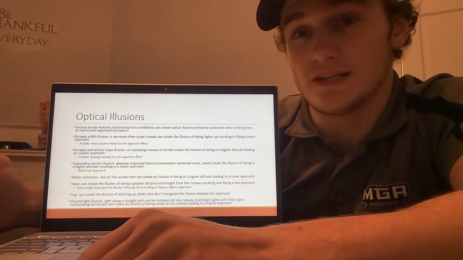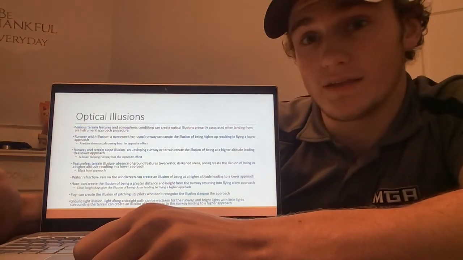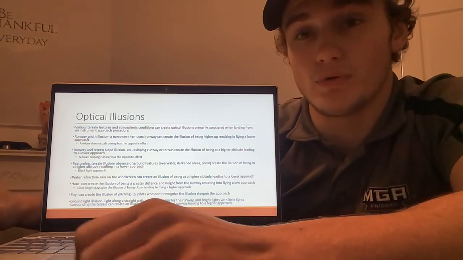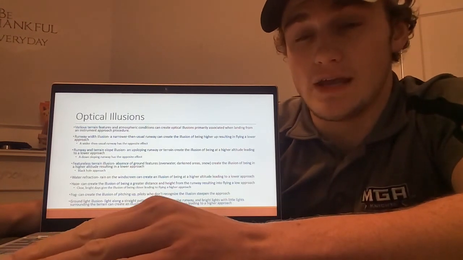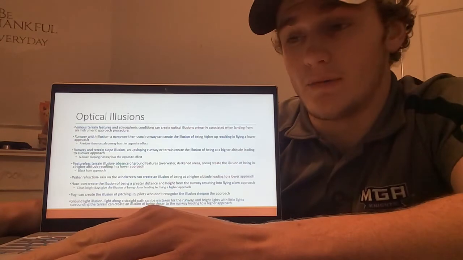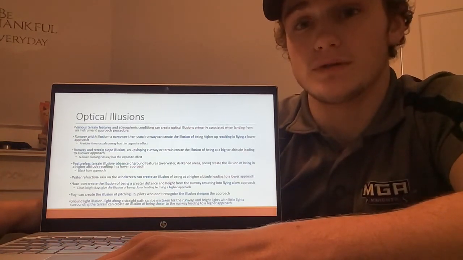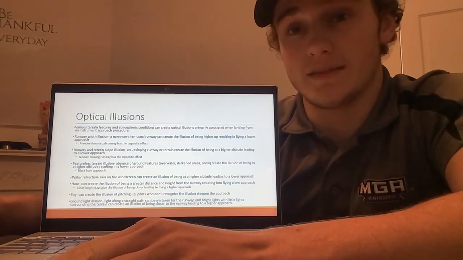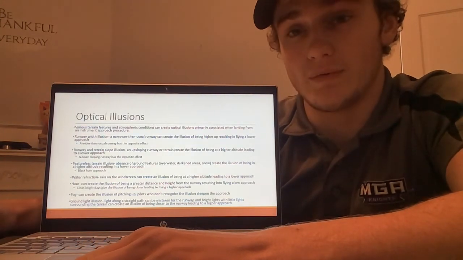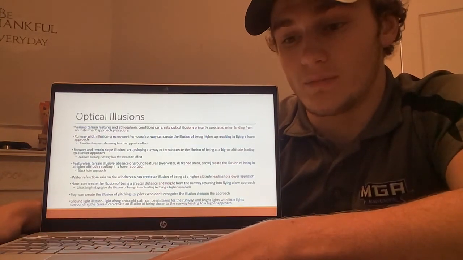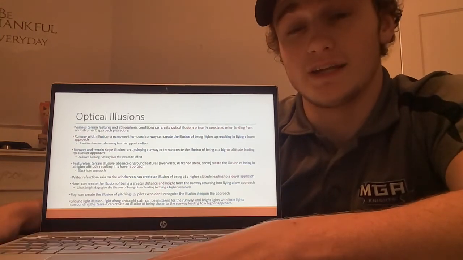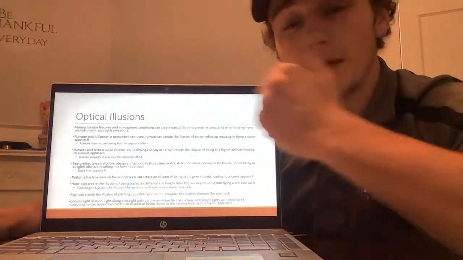The first one is the runway width illusion. If you're coming in on a narrower than usual runway, it'll seem like you are higher than you actually are, leading to a lower approach. The same is for a wider runway: it'll seem like you are lower, leading to a higher approach.